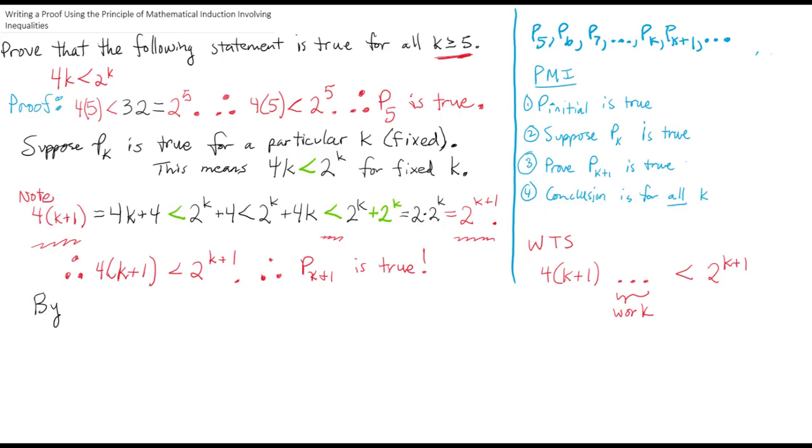By the principle of mathematical induction, we'll abbreviate it PMI, 4 times k is less than 2 to the k is true. Now we just changed two words. We need to add the two words for all. Emphasis is on all k greater than or equal to 5.